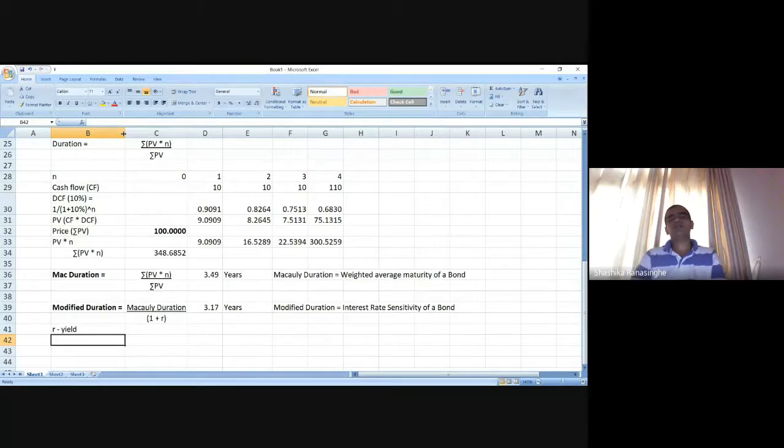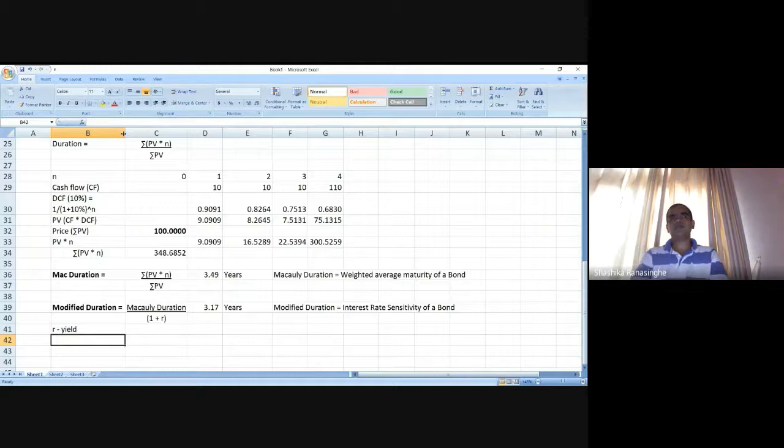Okay, guys, so it's a simple present value calculation. Then you need to just substitute into the formula. Now, what it means is Macaulay duration 3.49. So this bond has a weighted average maturity of 3.49 years. Modified duration is 3.17. Now, that's the most important thing.